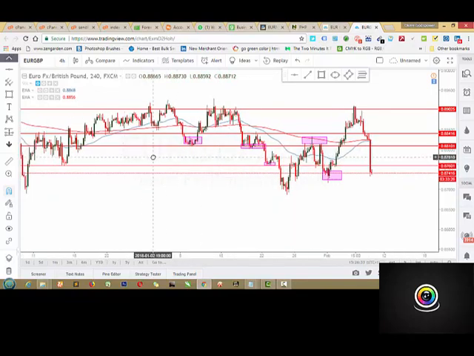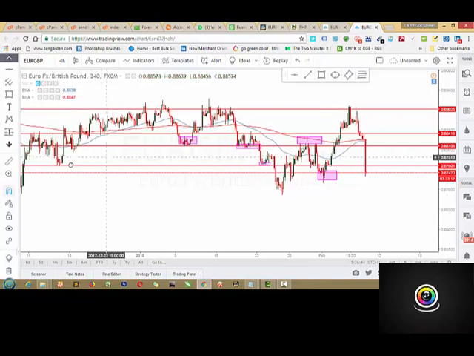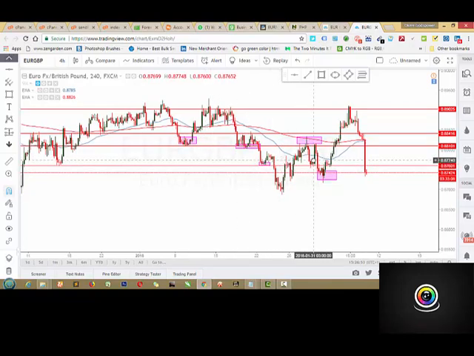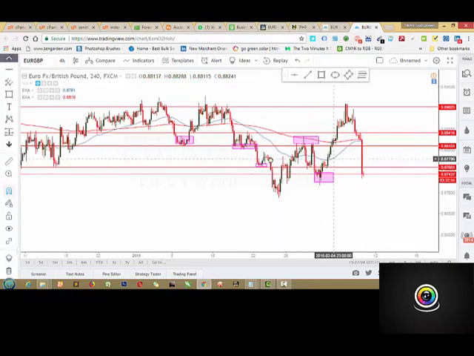Like in this case, this area here was a support, support here again, but here it became a resistance. Here is support. Price broke it from this region, and I believe price is going to come back again and retest it as a resistance as well.